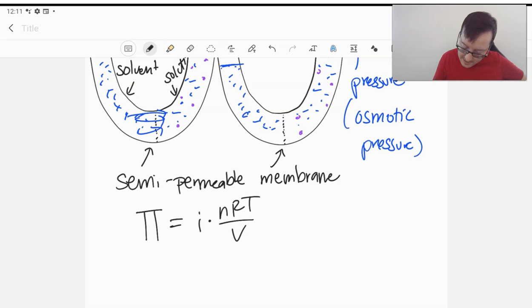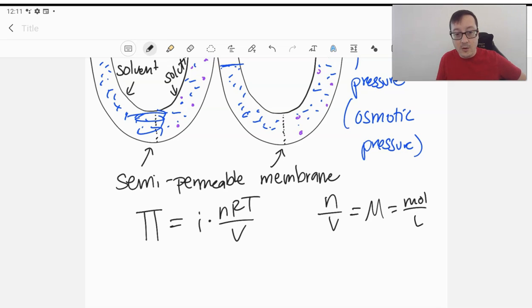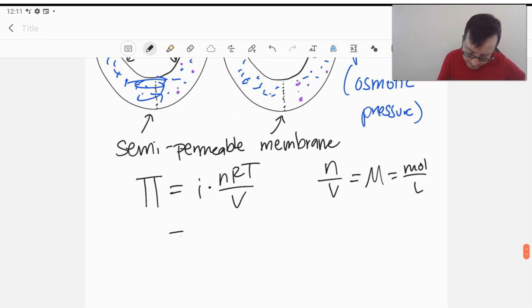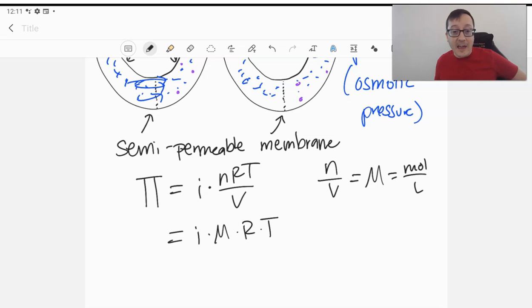And if we consider that n over V, moles per liter, is the same thing as molarity, moles per liter, we can rearrange this equation to have it be i, the Van 't Hoff factor, times the molarity of the solution, times our gas constant, and the temperature. And now, of course, temperature will have to be in Kelvin, because we're dealing with the ideal gas law again.